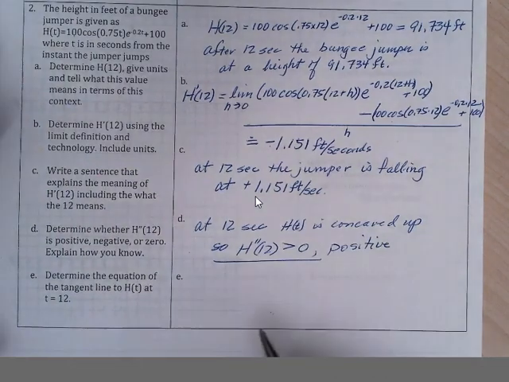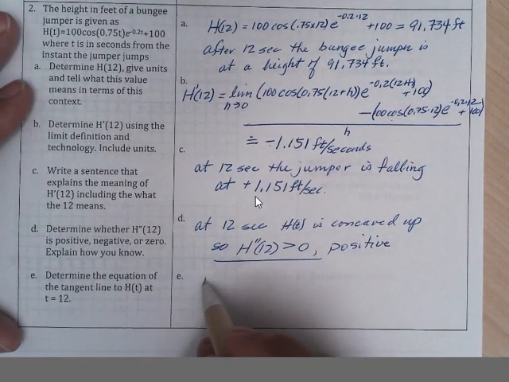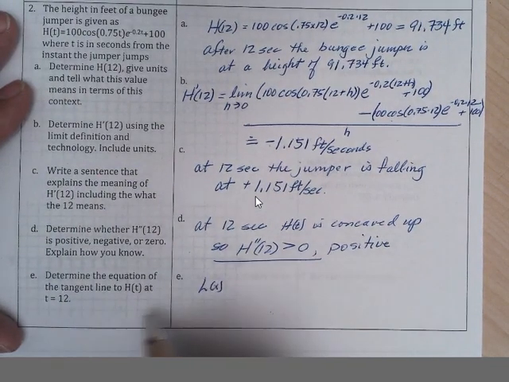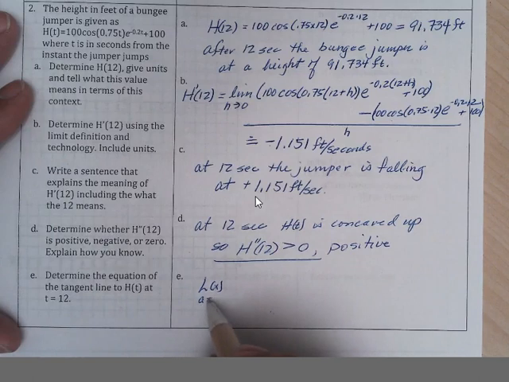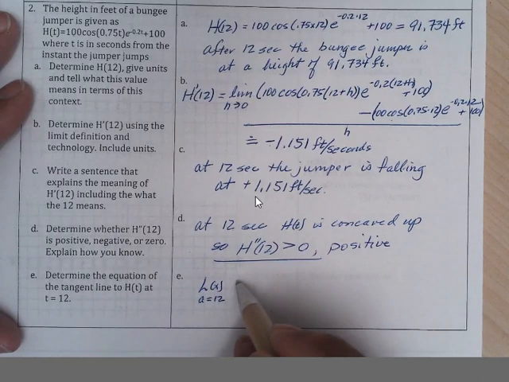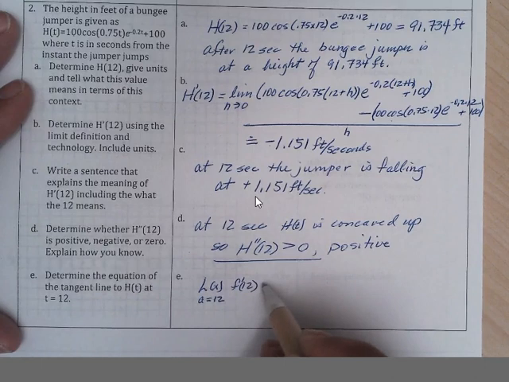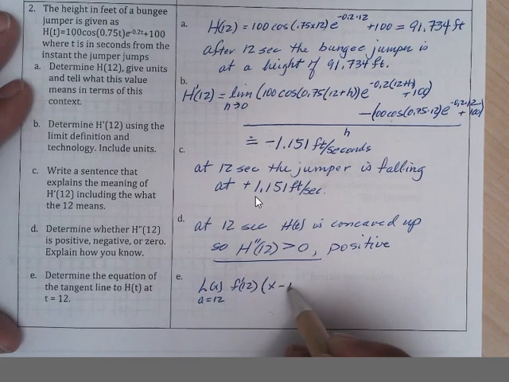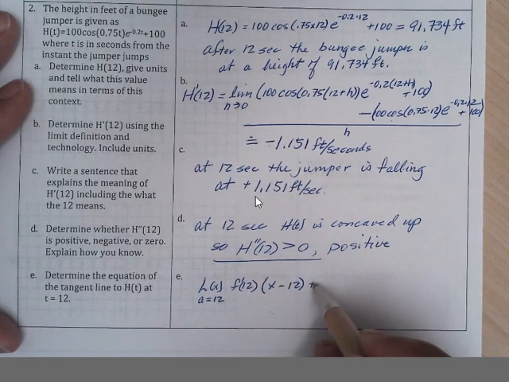An equation of the tangent line. L of x at 12 would be f prime of 12 times x minus 12 plus f of 12.